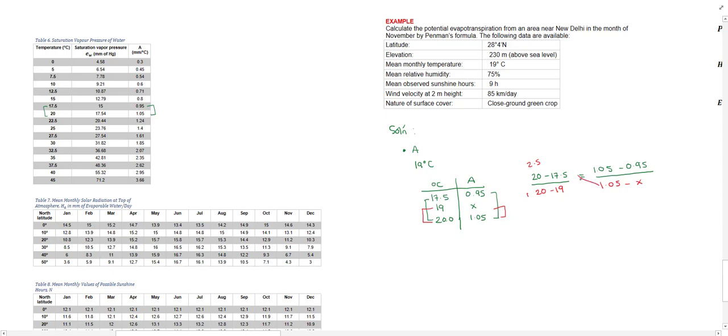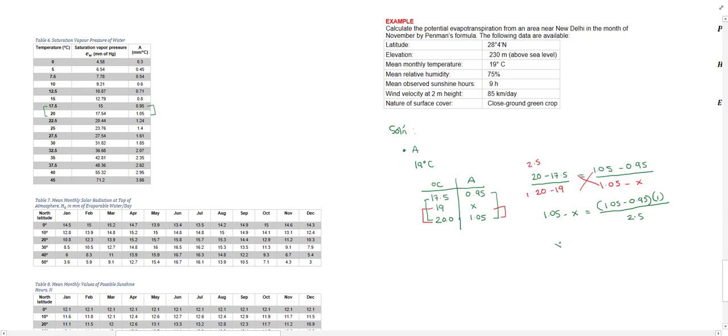Okay, so we cross multiply. So this would be 1.05 minus x is equal to this one. So that would be 1.05 minus 0.95 times 1 divided by 2.5.